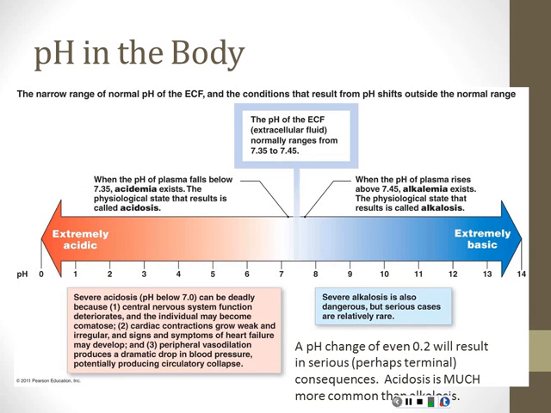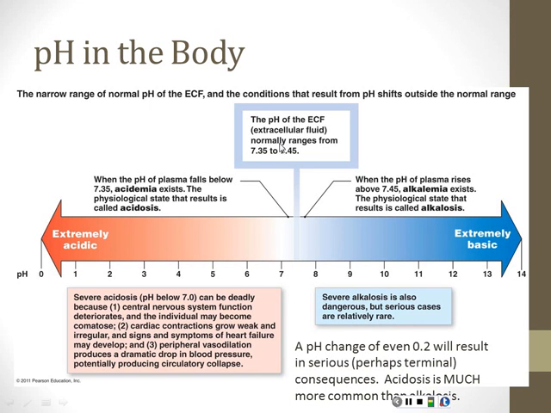So this scale, even though it's small, represents a huge spectrum of chemical environment, right? So if you drop the pH from 7 to 6, you increase the number of hydrogen ions by a factor of 10. So you're talking big numbers.